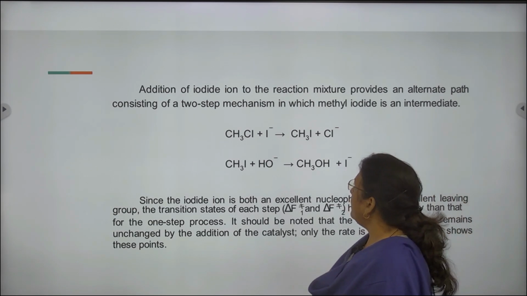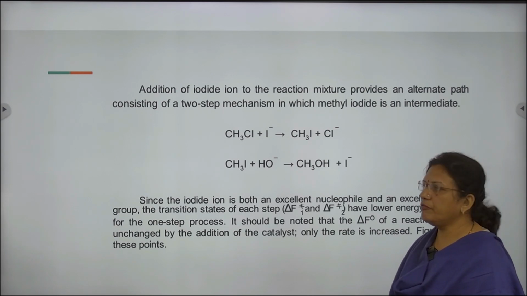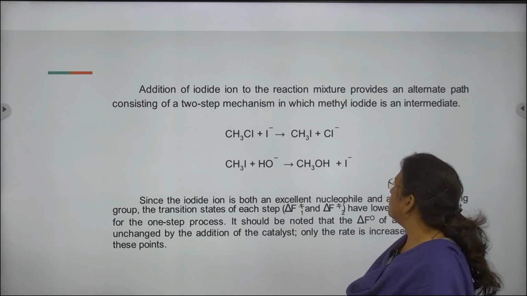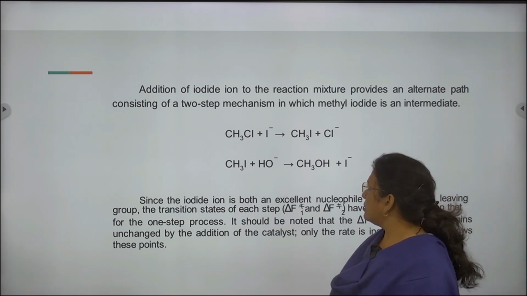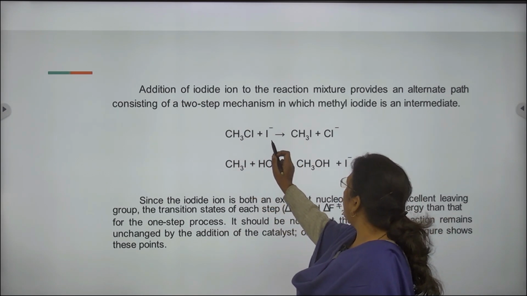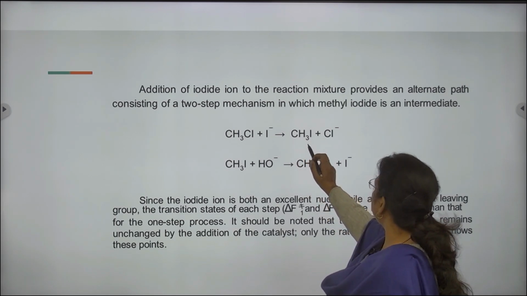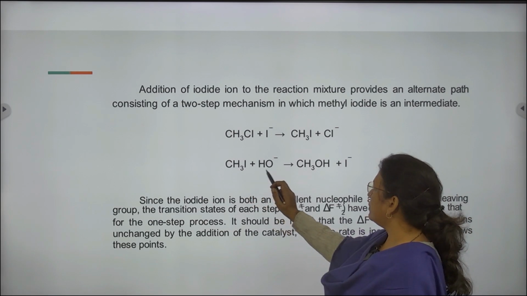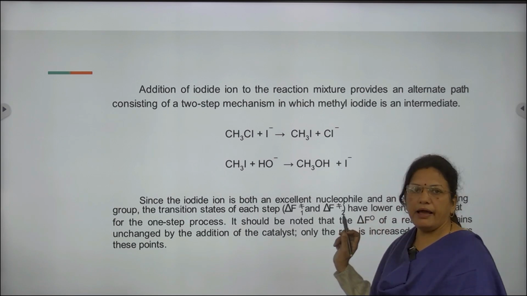Addition of iodide ion to the reaction mixture provides an alternative path consisting of a two-step mechanism in which methyl iodide is an intermediate. Here methyl chloride reacts with iodide ion to give methyl iodide as an intermediate and chloride ion, and then this methyl iodide reacts with hydroxyl ion to give methyl alcohol and iodide ion.